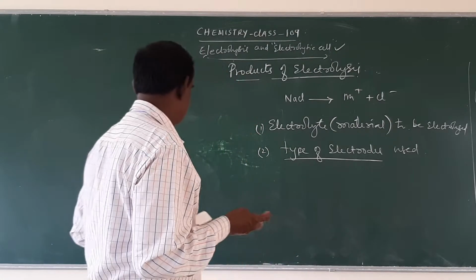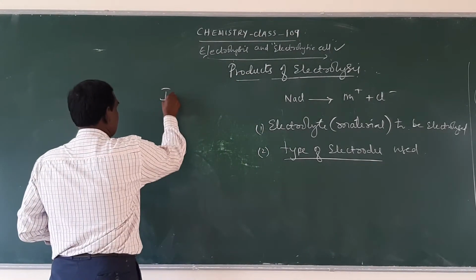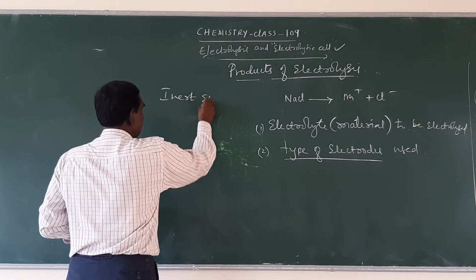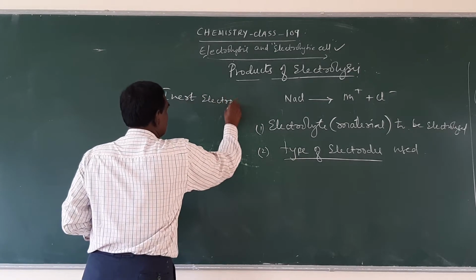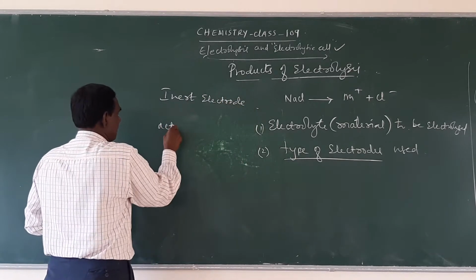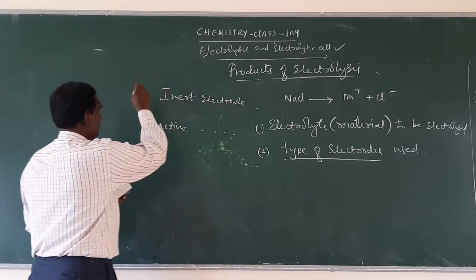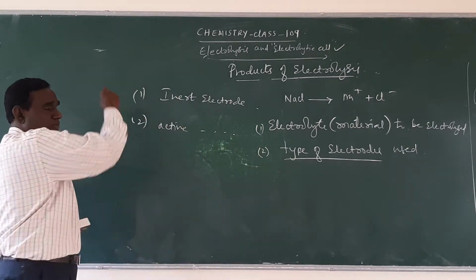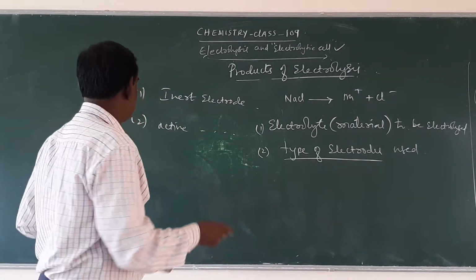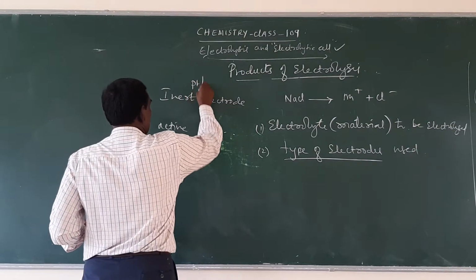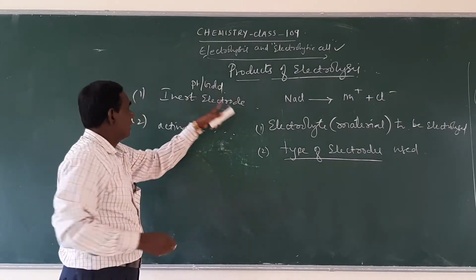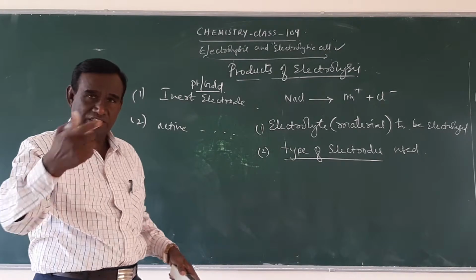Generally, electrodes may be inert electrodes or active electrodes. Inert electrodes are nothing but platinum, gold, like that.